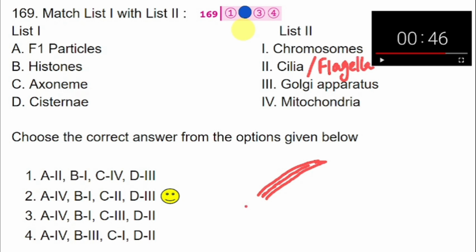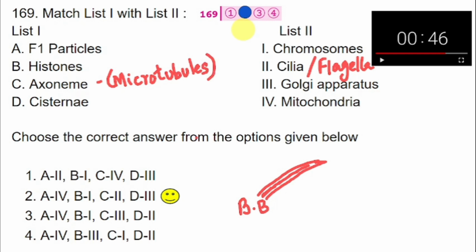Microtubules. So the basal body will have the centrioles, and centrioles help in the polymerization and formation of the internal microtubule filament. So axoneme, if they ask you which cytoskeleton is associated with this, you have to write microtubules.